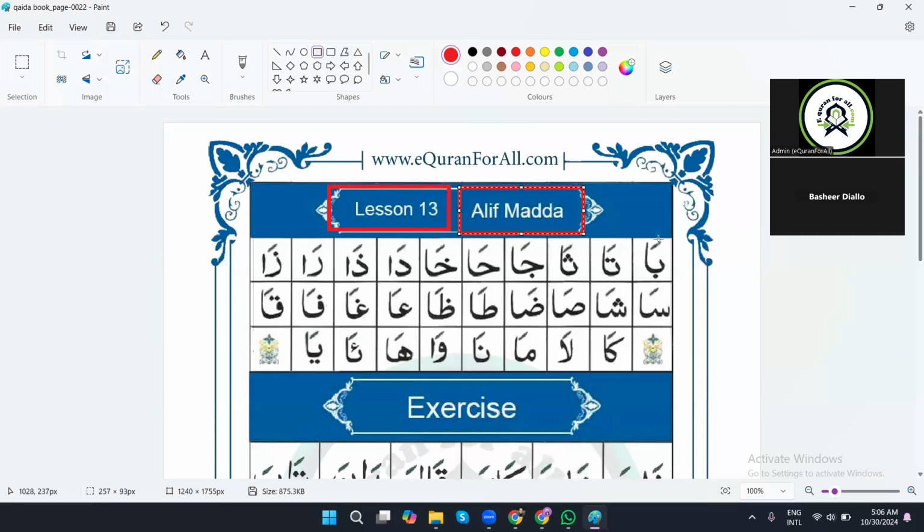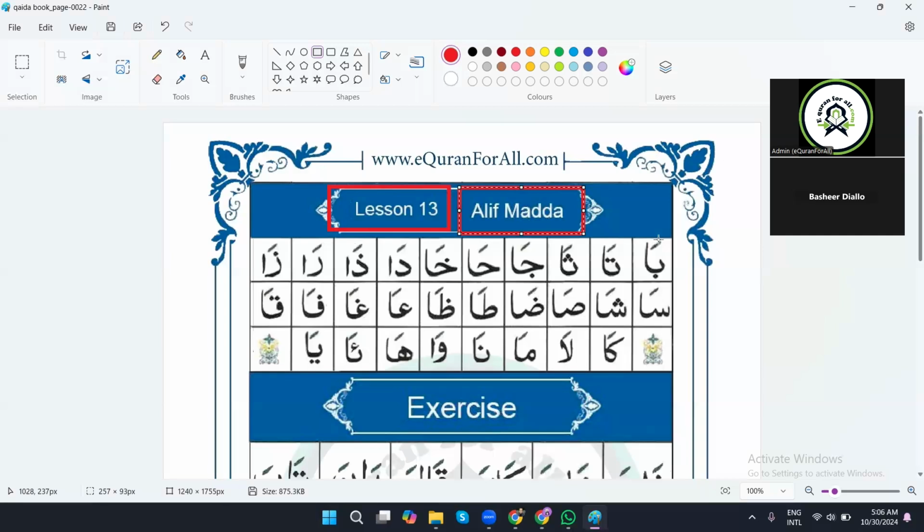So for finding them, we have definitions. Inshallah ta'ala, first of all, we will learn the definition for alif madda, then waw madda, then ya madda. Each of these three madda letters has its own individual definition as well.